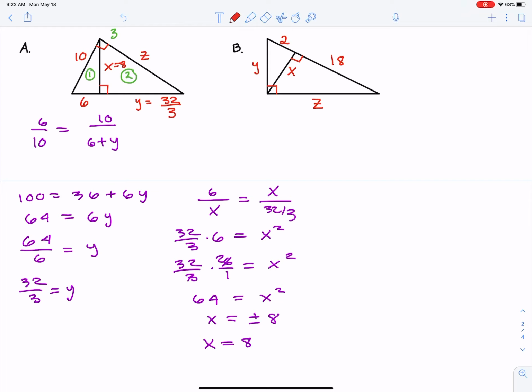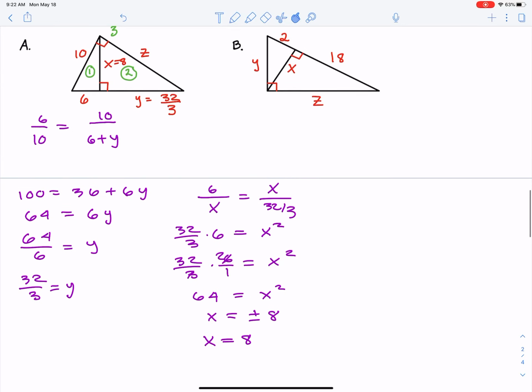So for triangle 1, the short side is 6, and the short side of triangle 3 is 10. So in other words, I can say 6 is to 10 as, now I'm going to go hypotenuse of each of those triangles.